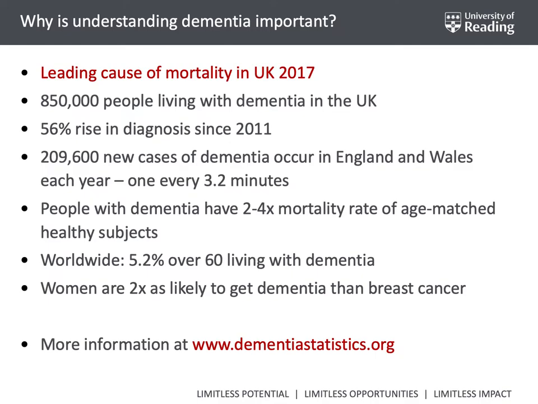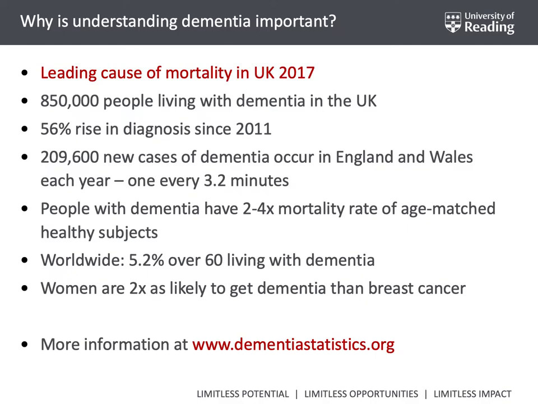As of 2017, it's the leading cause of mortality in the UK. That's something to do with the change in how you fill in people's death certificates, but it shows that it's contributing massively to the mortality rate within the UK itself.